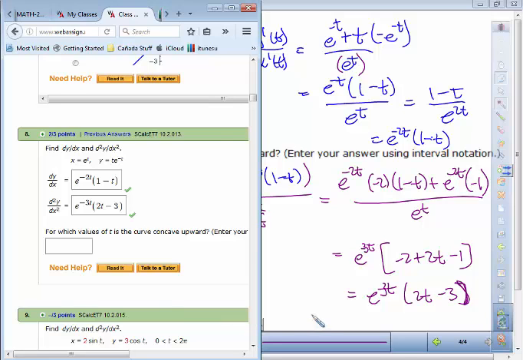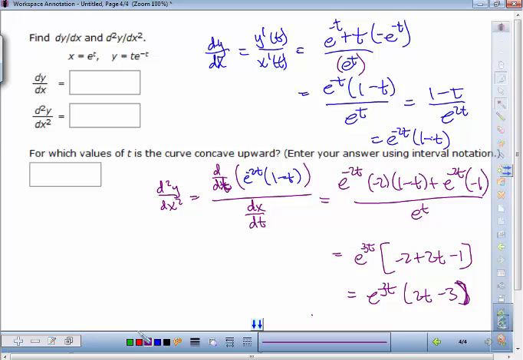So to check concavity, if you remember back from your old Calc 1 days, it's concave up if the second derivative is positive. So concave up if y double prime, d squared y dx squared, is positive. And so we're going to set this to a positive value, basically set it equal to 0 and check where it's positive and negative.